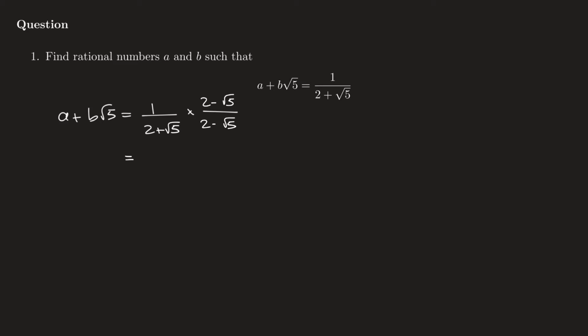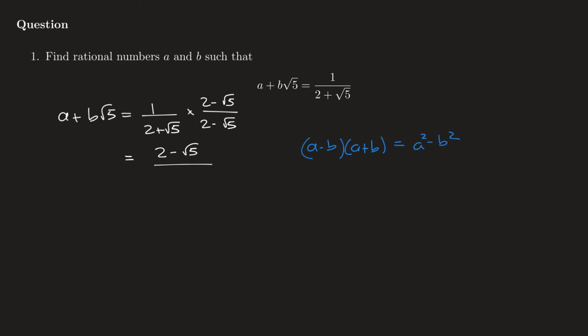Now, the next line, let's multiply the top and bottom out. The top is 1 times 2 minus root 5. This gives us 2 minus root 5. And the bottom is actually a difference of 2 squares. So I'll write this out on the side. The difference of 2 squares, as you may recall, is a minus b times a plus b, and the expansion is a squared minus b squared.